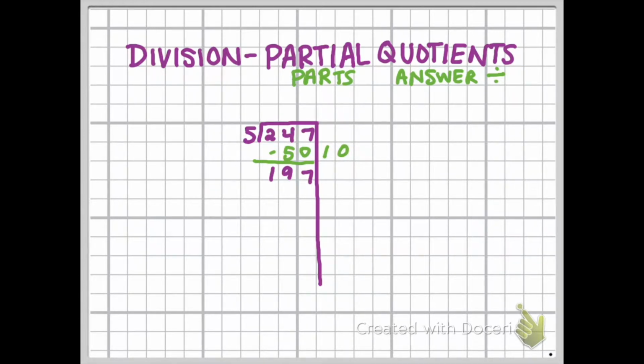Well, once again, I can still subtract 50 from 197. And continue going until 50 is no longer easily subtracted.